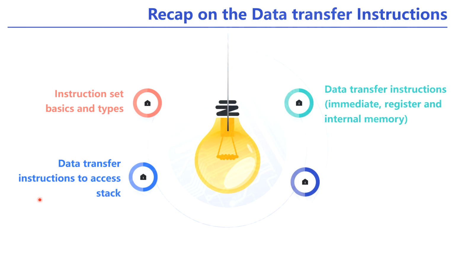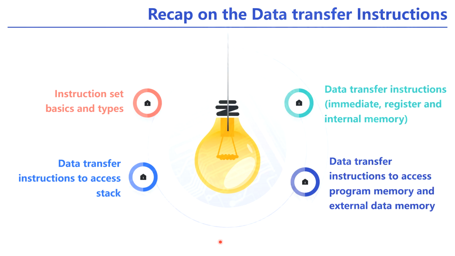Next, data transfer instructions to access the stack, already seen in the previous lecture. Last, data transfer instructions to access program memory and external data memory, also seen in the previous lecture.